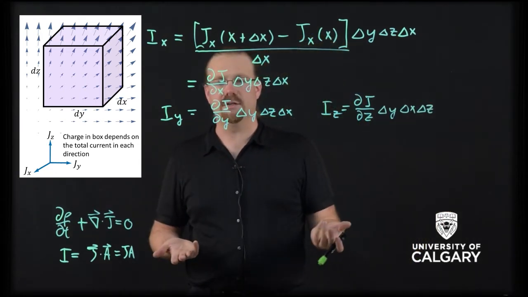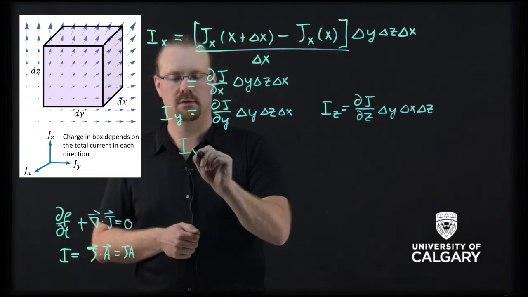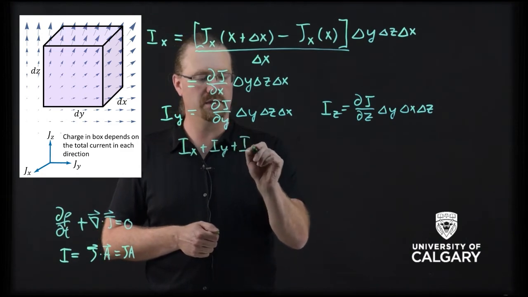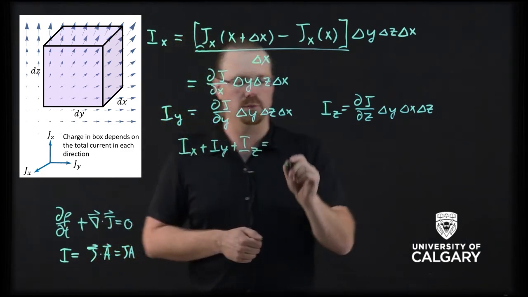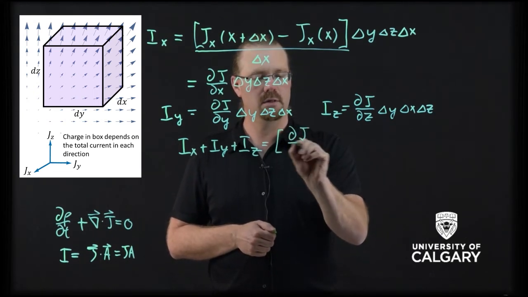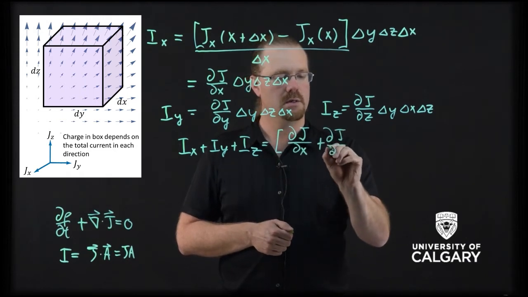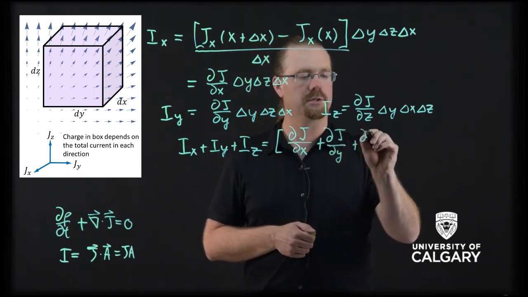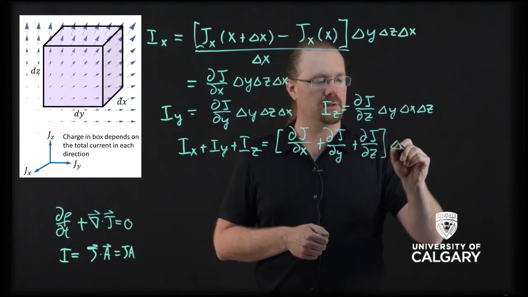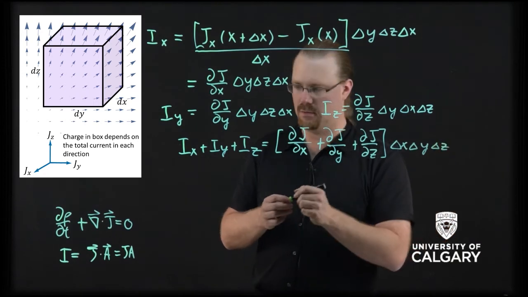Well, that's awfully convenient. What we can now say is that Ix plus Iy plus Iz is equal to the partial of J with respect to x plus the partial of J with respect to y plus the partial of J with respect to z, all times delta x, delta y, delta z.